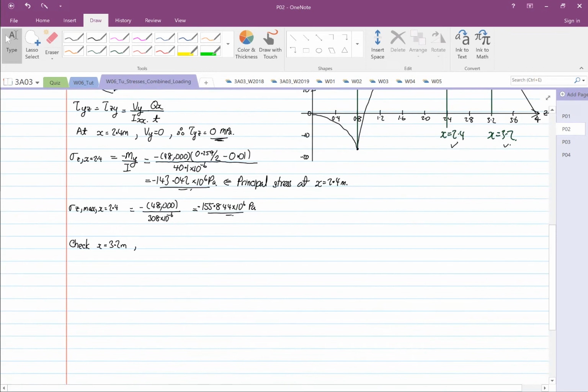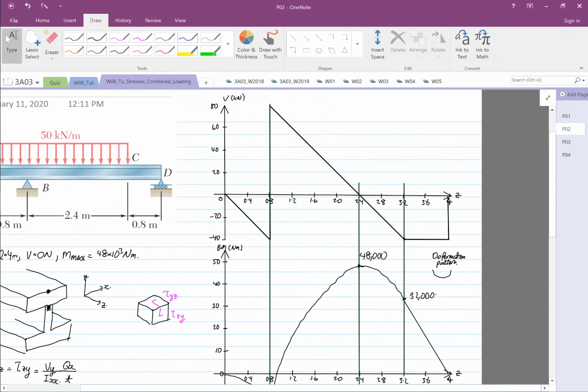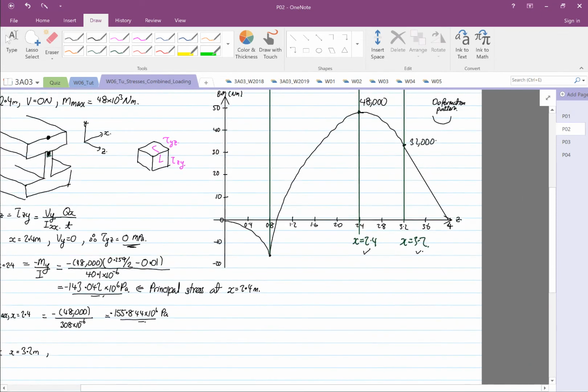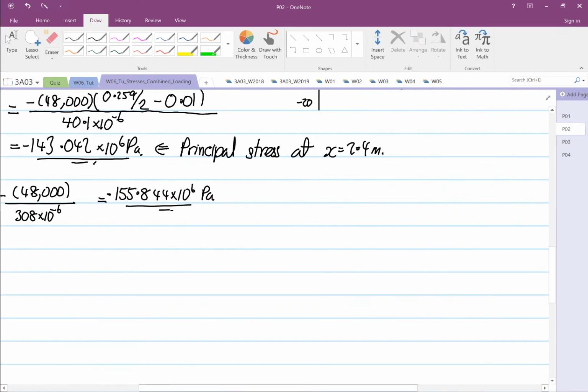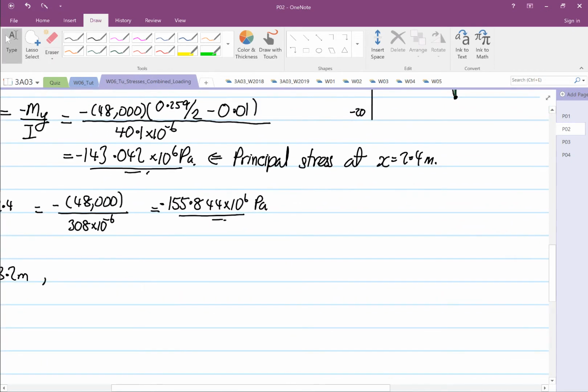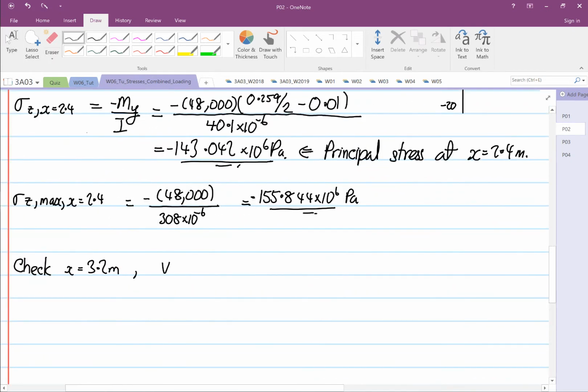At 3.2, by looking at our shear force, we get minus 40,000, and the bending moment is 32,000. So we know that V is equal to 40,000 Newton, and the moment is 32 times 10 to the power 3 Newton meter. So this is what we know.